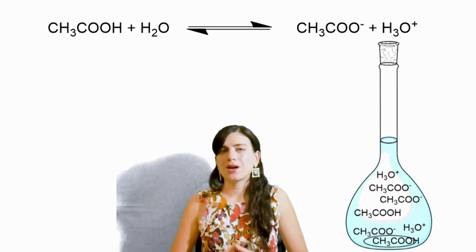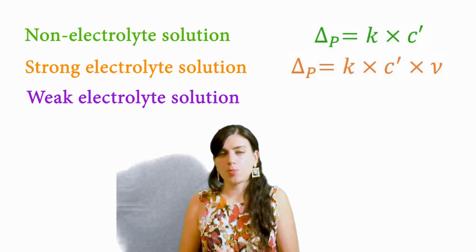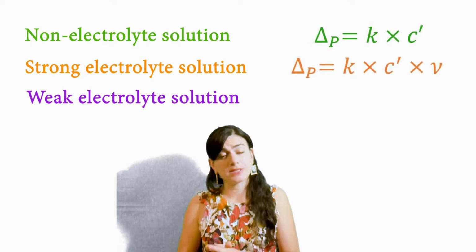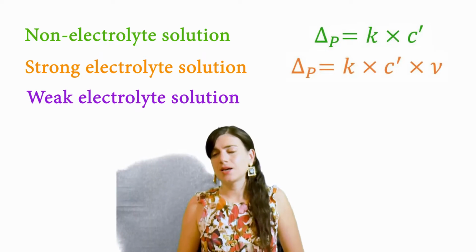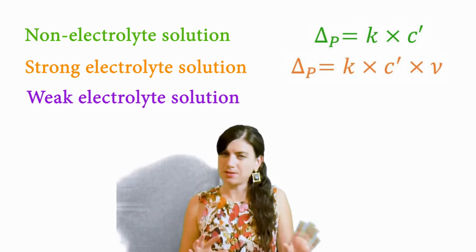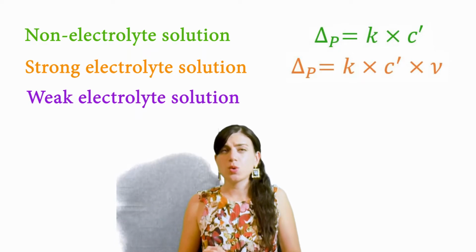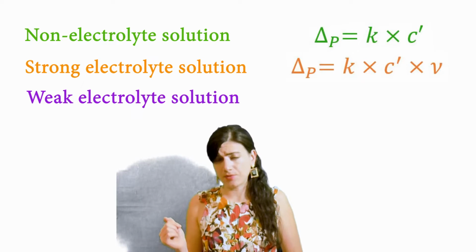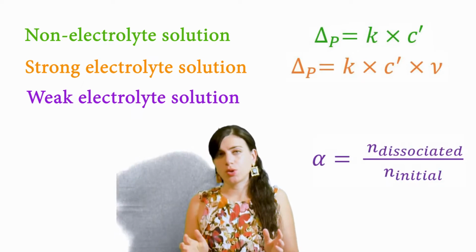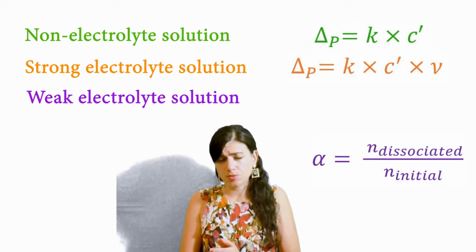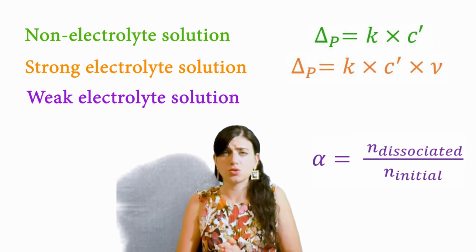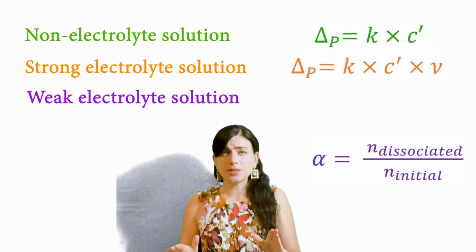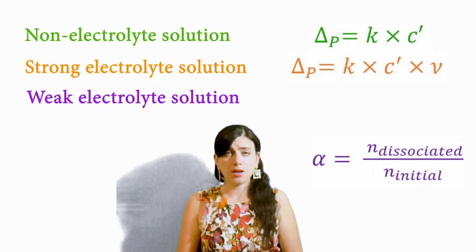So how to calculate a colligative property for a weak electrolyte such as, for instance, acetic acid? This time the equation will be slightly more complicated because we have to introduce alpha, the Greek letter alpha, which is the ratio between the dissociated moles of our solute, for example, dissociated moles of acetic acid, divided by the initial moles.